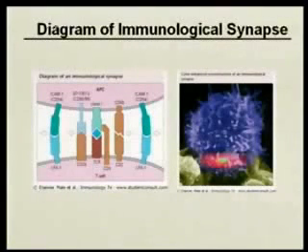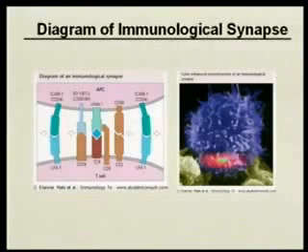Shown here is a cartoon of a typical immunological synapse. Again, on the peripheral area, shown here, you have adhesion molecules, so ICAM and LFA. So these act to keep the cells together.